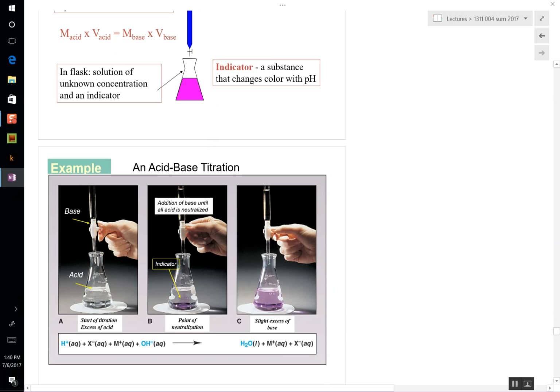You have to factor a 2 in here to get back to what the molarity of that H2SO4 actually was. All right? So you can't just do it straight like that with a monoprotic acid reacting with a single hydroxide base. You got to get a factor of 2 because there's 2 protons for every 1 H2SO4. Okay, I think that helps you.